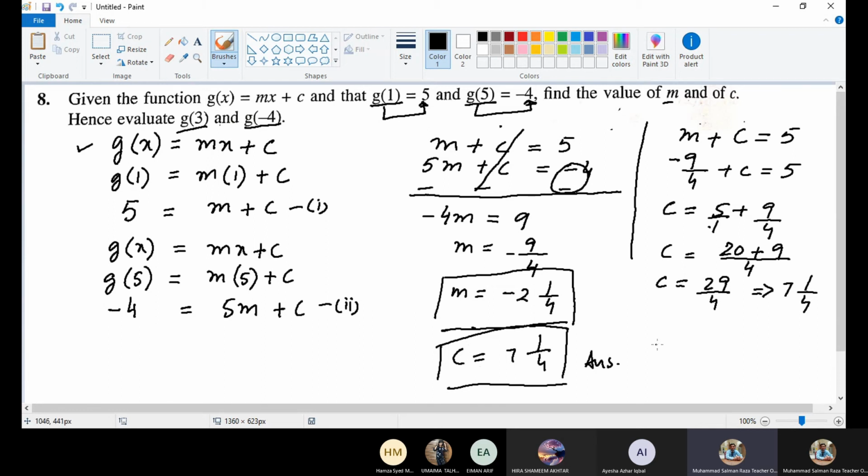So I am going to replace this mx plus c with 3 in place of x and the values of m and c, and find it out. You can see that I'm erasing this part in order to solve the next parts, g of 3 and g of minus 4.